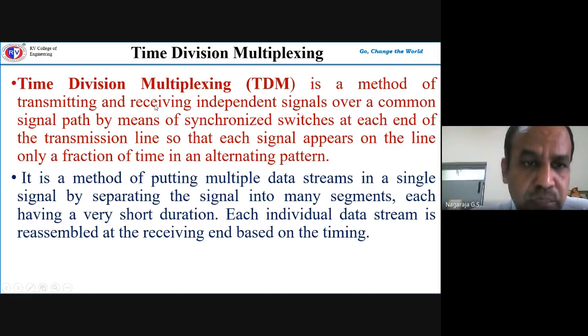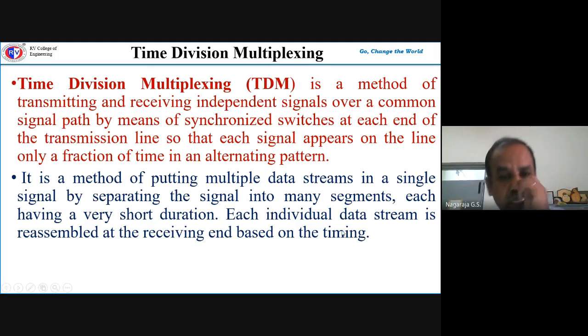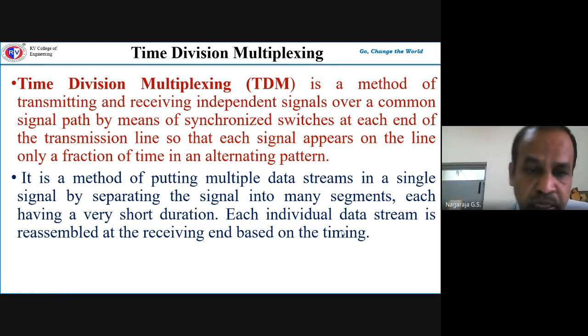It's a method of transmitting and receiving independent signals over a common signal path by means of synchronized switches at each end of the transmission line, so that each signal appears on the line only a fraction of time in an alternating pattern. It's a method of putting multiple data streams in a single signal by separating the signal into many segments, each having a very short duration. Each individual data stream is reassembled at the receiving end based on the timing.